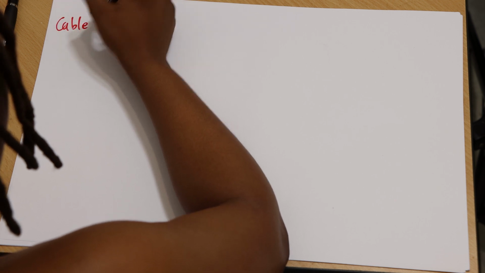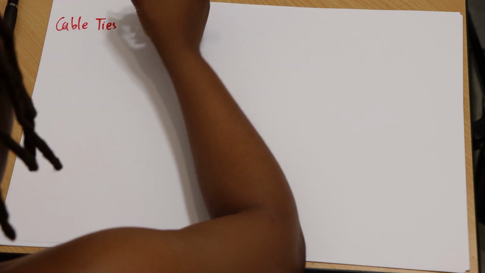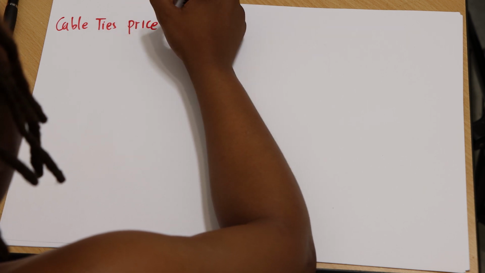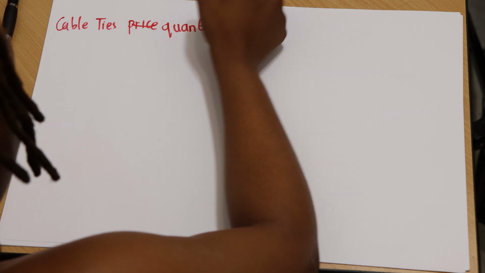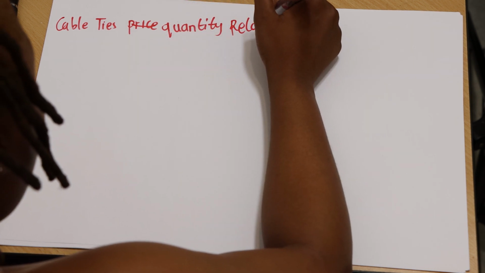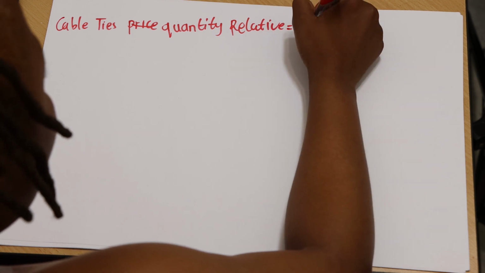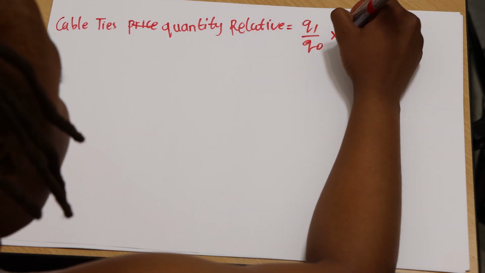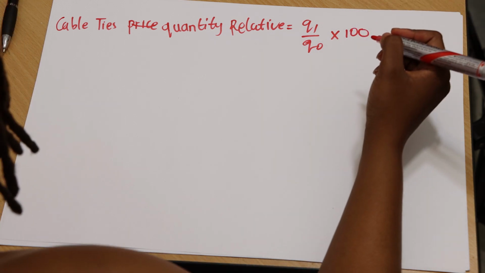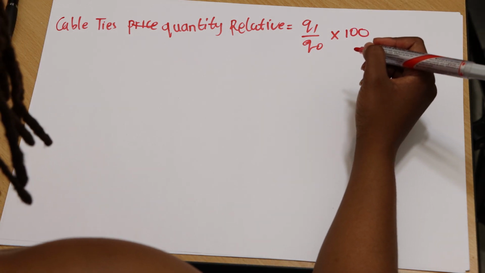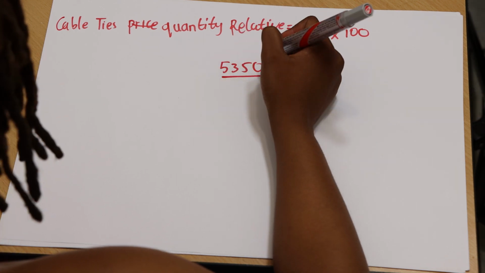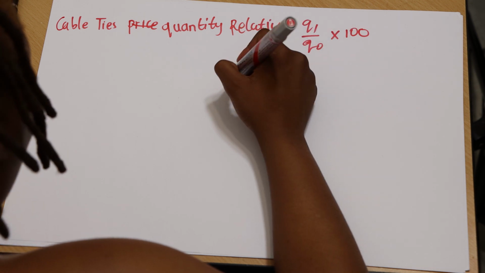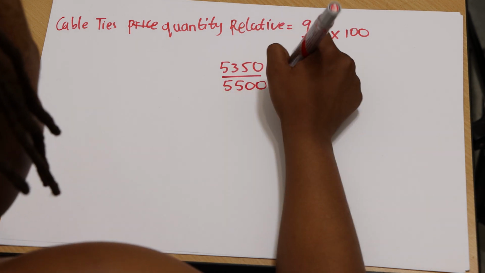So for cable ties, quantity relative. It's Q1 over Q0 times 100. So that would be 5,350 divided by 5,500 times 100.